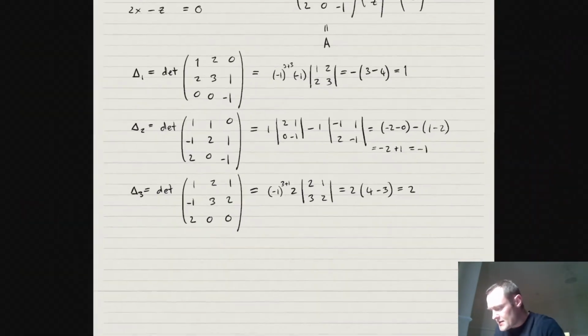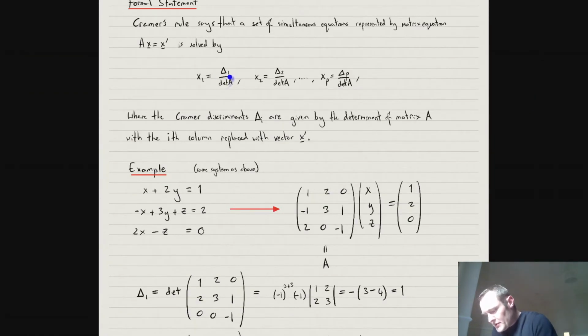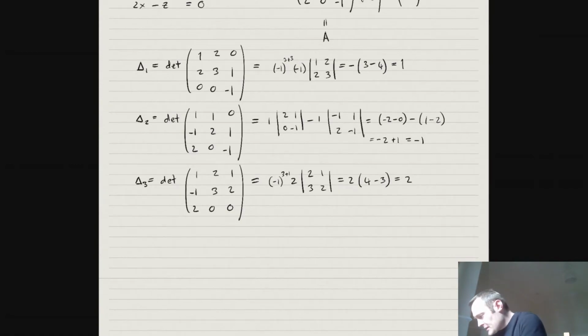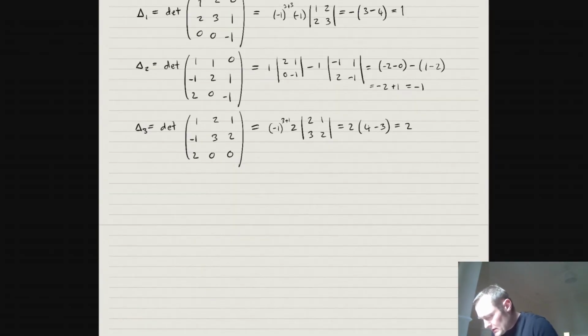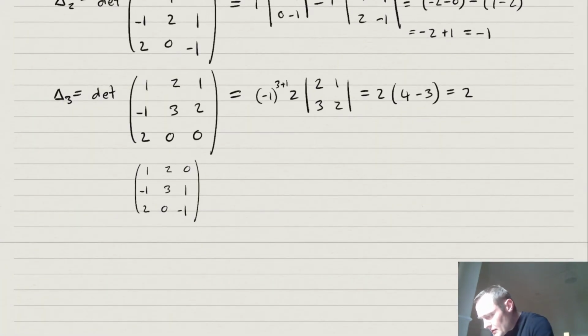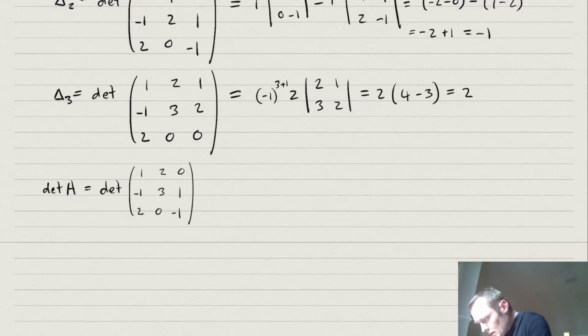Okay, and we also need the determinant of A. So let's calculate that too. Copy, paste. And so det A equals det of this matrix. Okay, let's just work along the top row for that one.